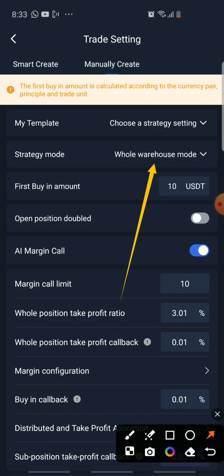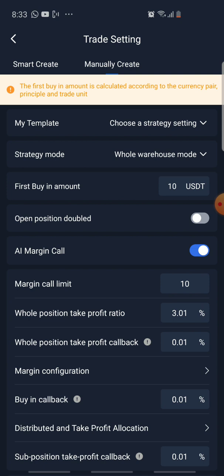Now currently there is whole warehouse. Whole warehouse mode means that even if they buy all those margin calls, the robot will close the trade when they all reach this common take profit. So the moment you leave your bot in whole warehouse mode, it means that all the positions will close at that point, so the coin will move out at once.